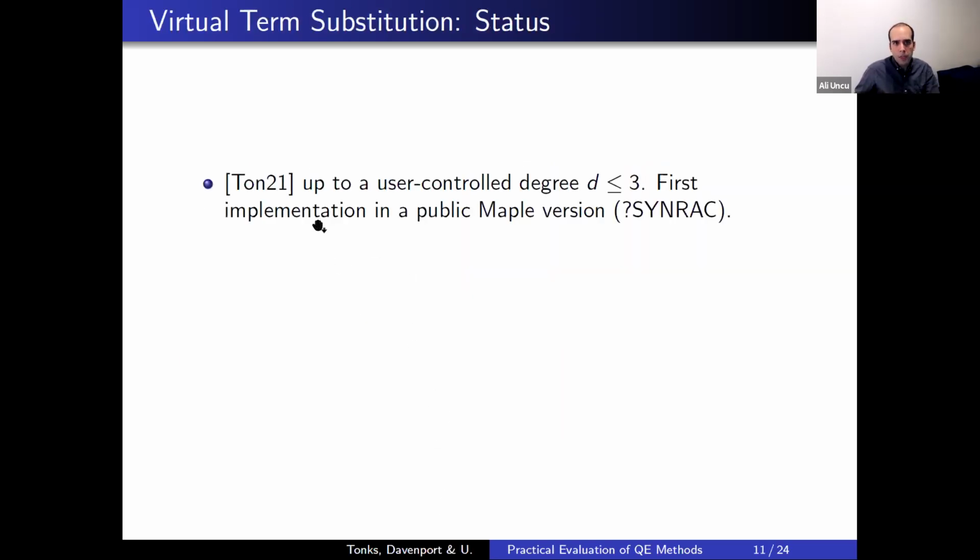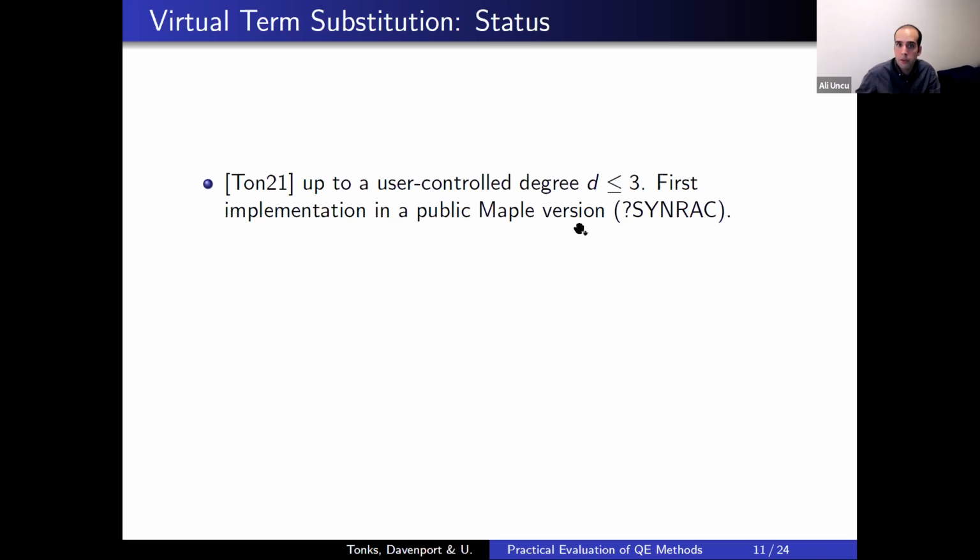So, what is in Zach's thesis? What is in the quantifier elimination package that is going into Maple now? Zach implemented the virtual term substitution up to a user-controlled degree less than or equal to 3. And I believe, and I couldn't find any evidence against it, that this is the first implementation in a public Maple package version.